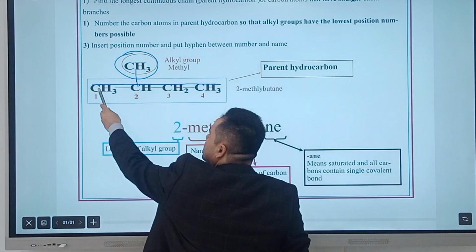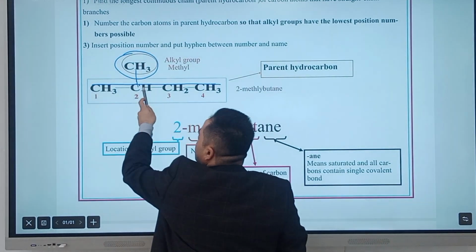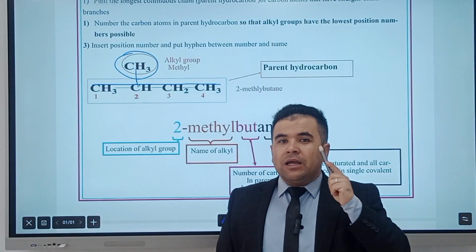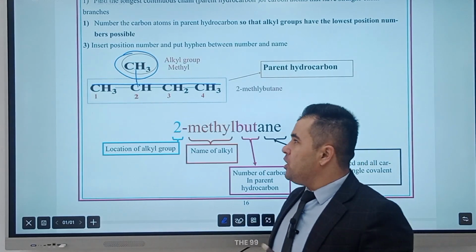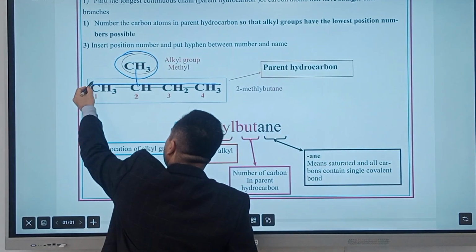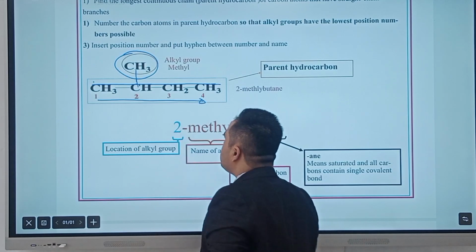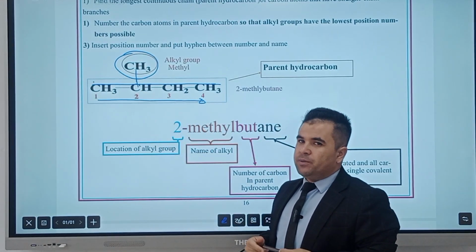From this end, the second carbon has the branch. From this end, the third has the branch. We have to position the carbons based on the branches to get the lowest position number. So we start from the left toward the right, 1, 2, 3, 4, because here the branch gets the 2, the position of the branch becomes 2.